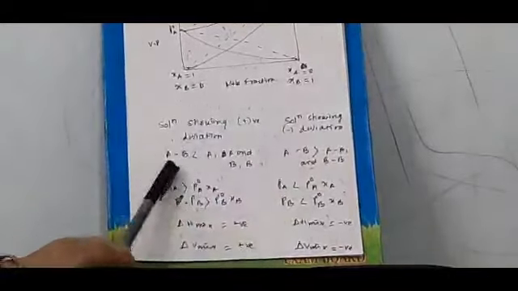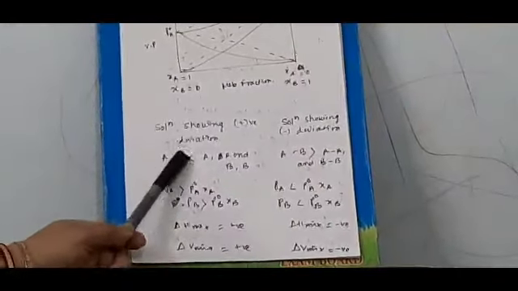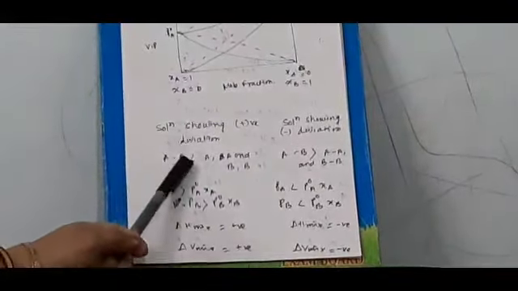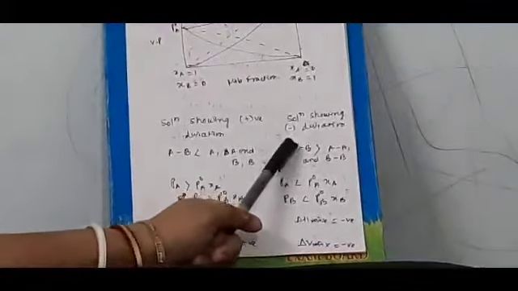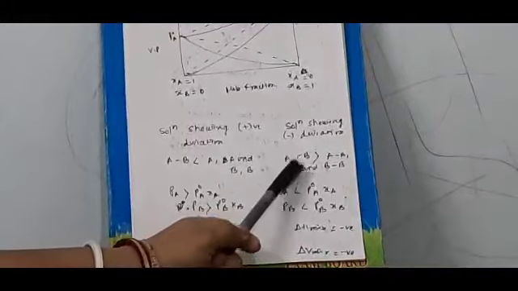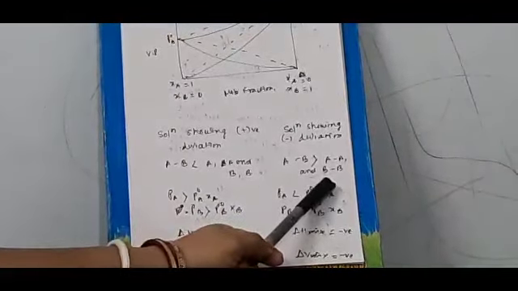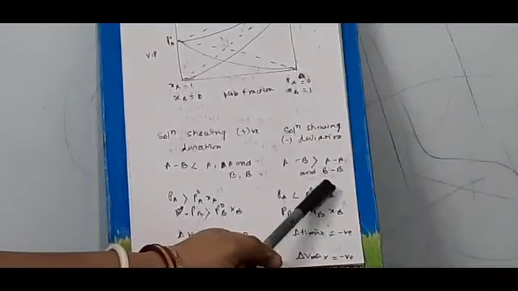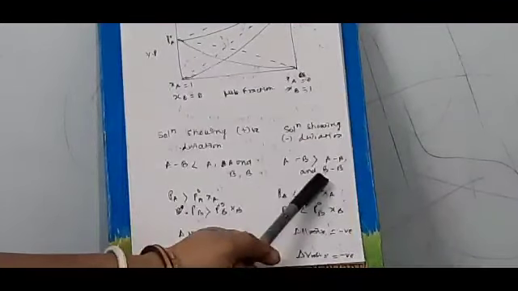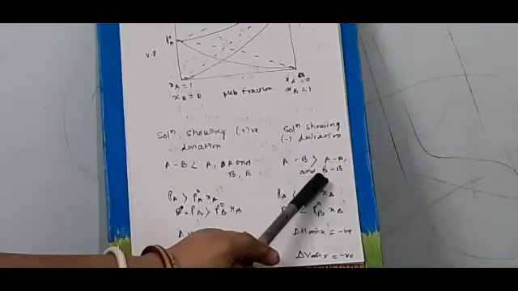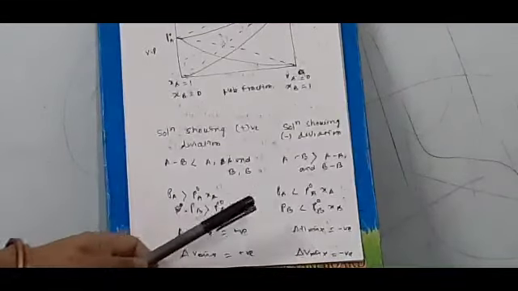How does it occur? For the positive deviation, AB attraction will be weaker than the AA attraction and BB attraction, whereas in case of negative deviation, AB attraction will be stronger than AA attraction and BB attraction. And we know that if after mixing the attraction is lower, then we will get more vapor. The amount of vapor will be more.